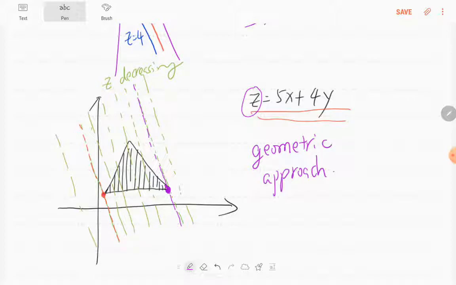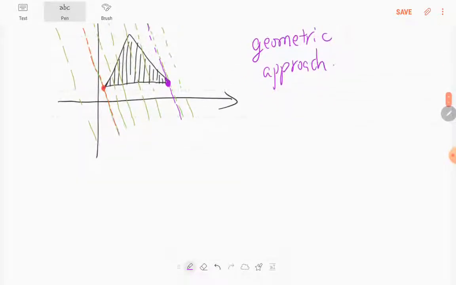So this gives you an idea how to find the maximum or minimum values of z for a feasible region, which means the x, y should be in this region. We just need to check the z values at the corner.